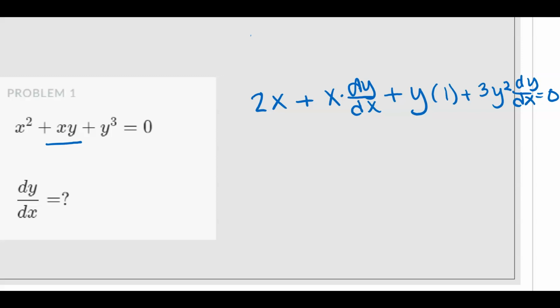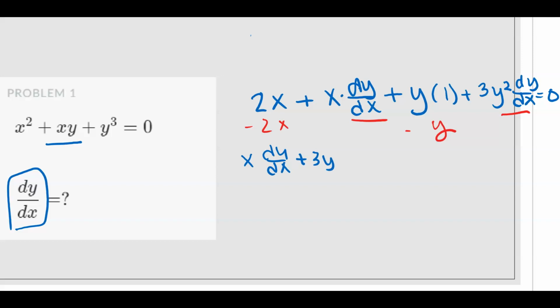So in order to find the derivative, or dy/dx, which is what it's asking for, we need to isolate dy/dx. So what we're going to do is get rid of this 2x, get rid of that y. So that's going to leave me with x dy/dx plus 3y squared dy/dx equals 2x plus y.